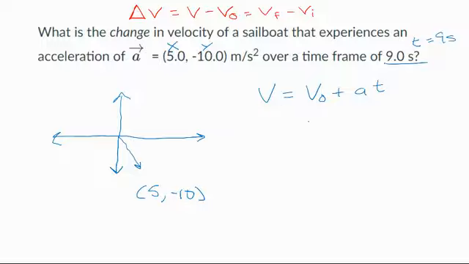Well, that's easy enough to do. What I could do is subtract V naught from this equation, right? And I'm left with V minus V naught is equal to the acceleration times time. Well, isn't this just delta V? That's the change in velocity, is equal to the acceleration times time.